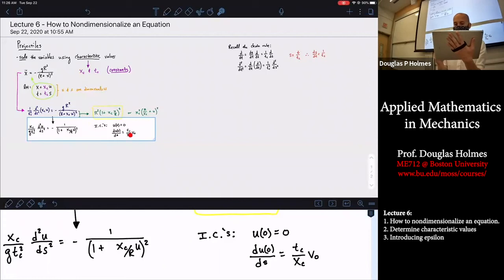Xc comes from the fact that we substituted in for x here, xc times u, so I just moved it from the left-hand side to the right-hand side. And tc comes from the fact that I took a derivative with respect to s, so I moved it from the left-hand side to the right-hand side. This is a velocity, this is 1 over velocity, and so we're dimensionless.